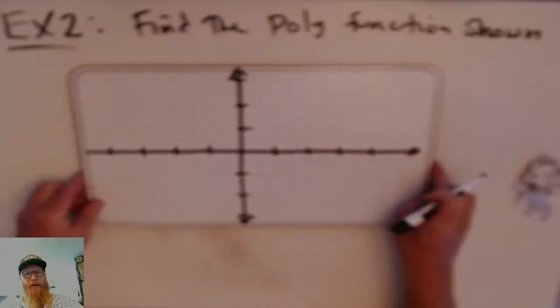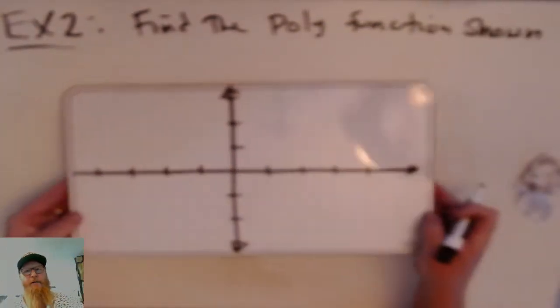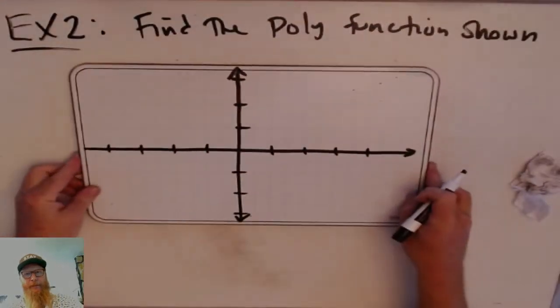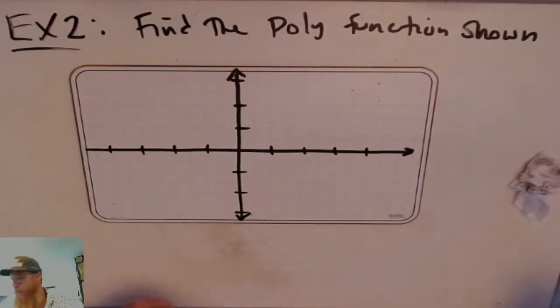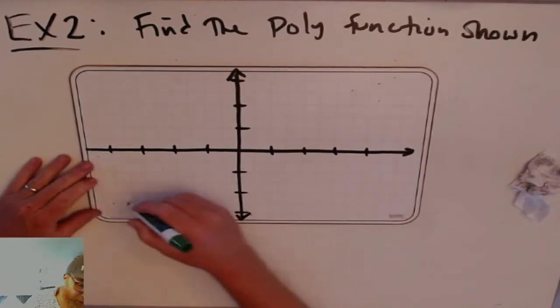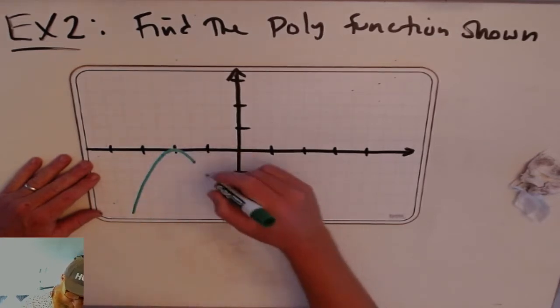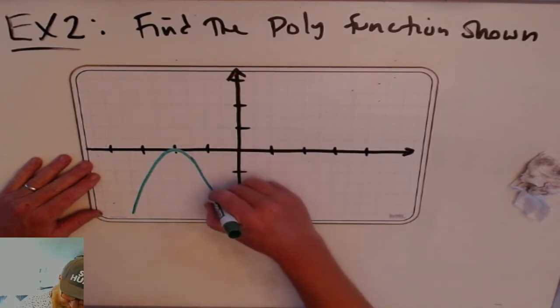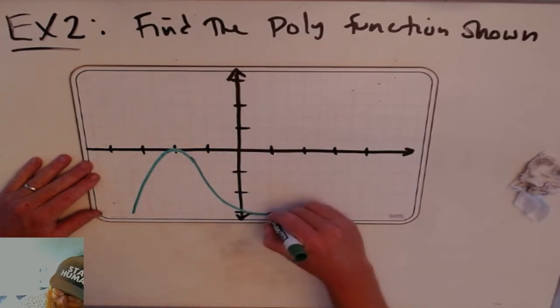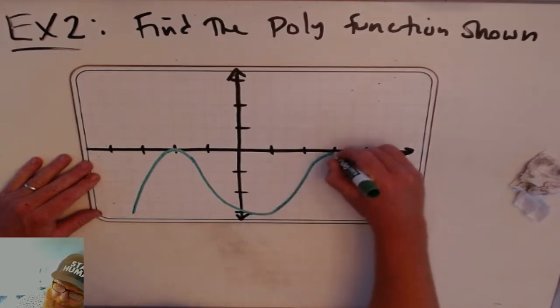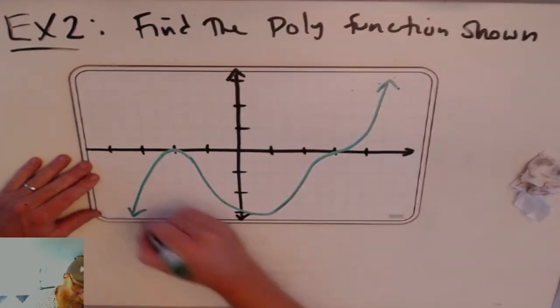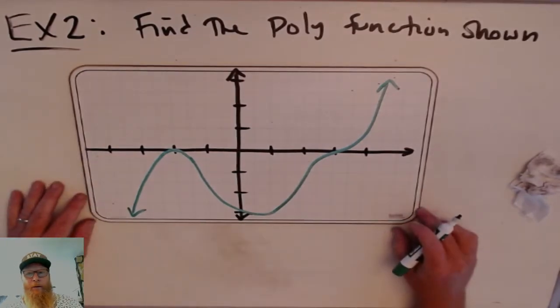All right, I'll give you another second to come back to me. There we go. All right, so find the polynomial function shown in the graph. Same type of question.